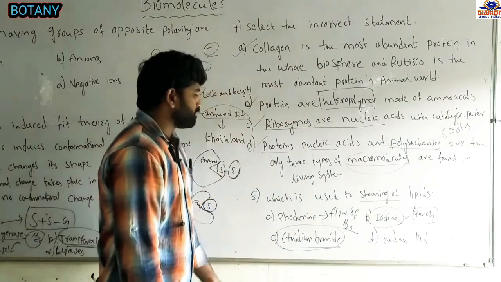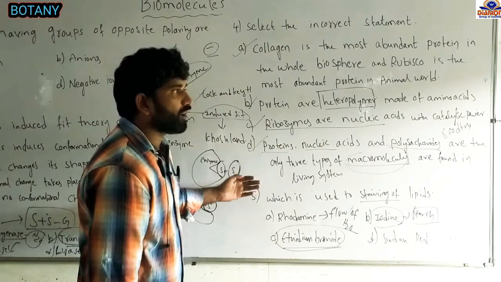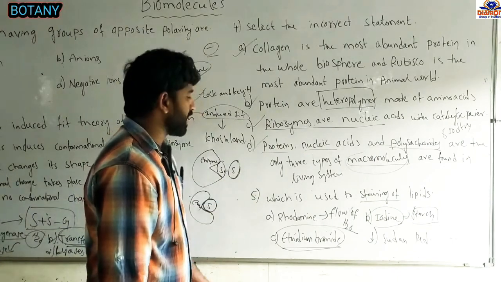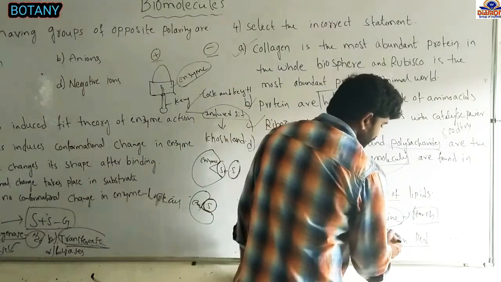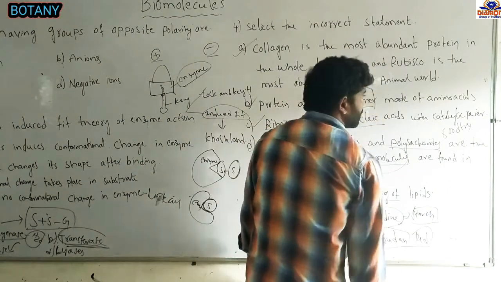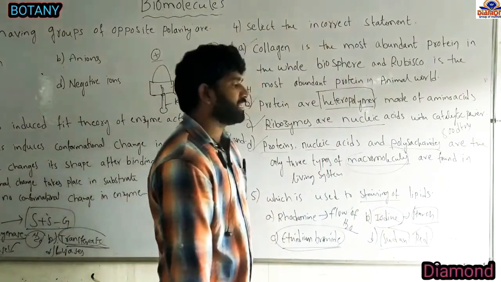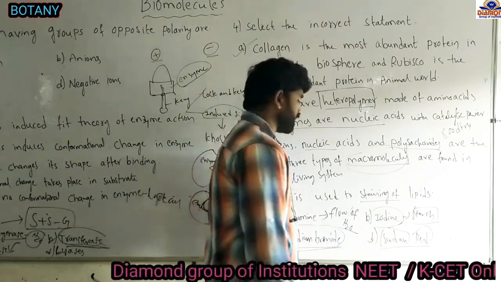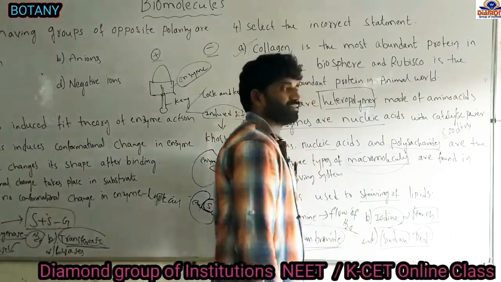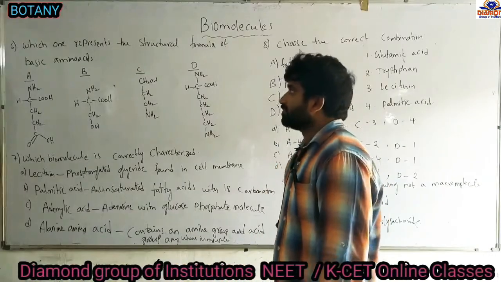By using rhodamine, the flow of water can easily be identified. The remaining one is Sudan red. Sudan red is used for detecting lipids. By adding Sudan red, lipids absorb it and become red in color. So the answer is D. Next question.